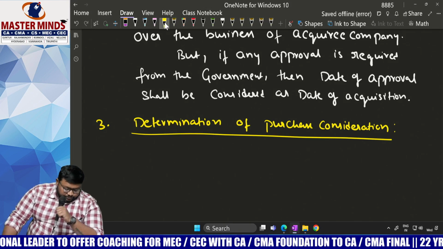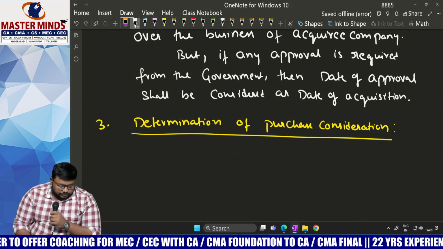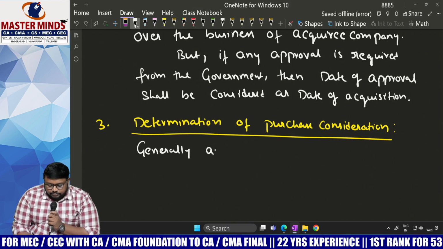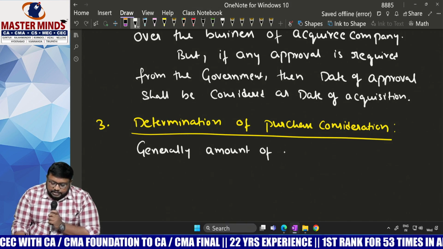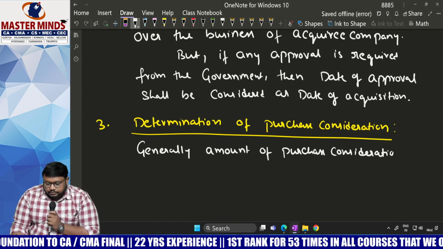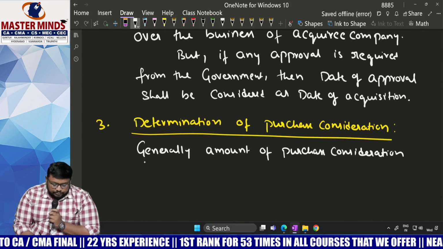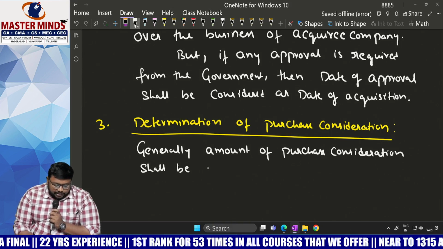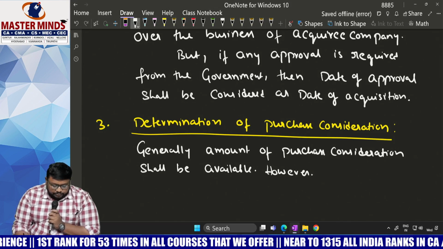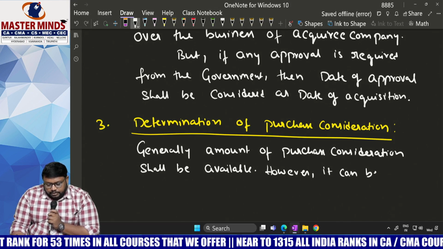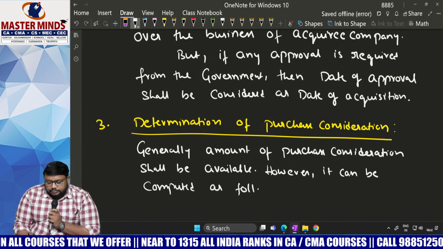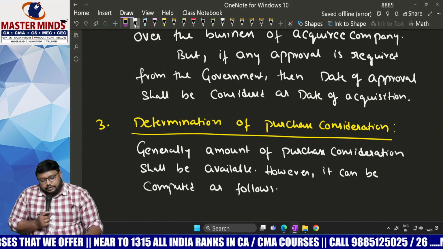So write down: generally, the amount of purchase consideration shall be available; however, it can be computed as follows.